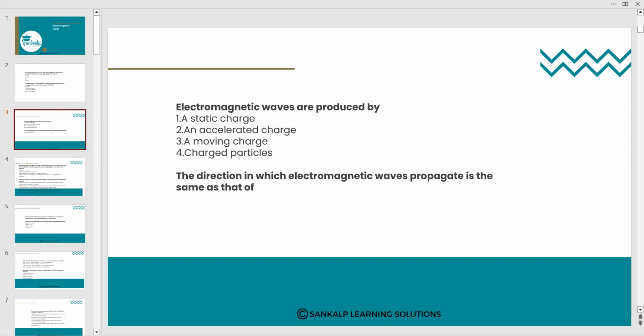So here the electromagnetic waves are produced by an accelerated charge, that is option B.